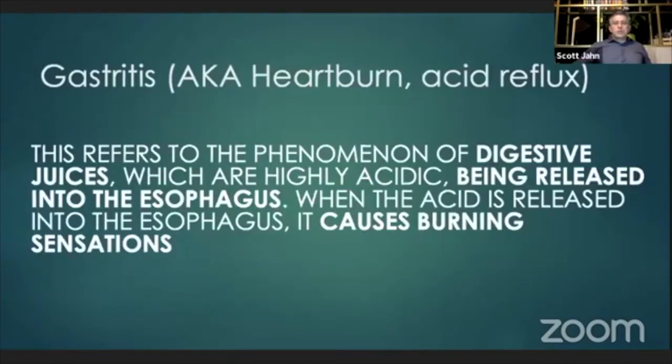So we're going to start with gastritis, heartburn, acid reflux, pretty much the same thing. It's a phenomenon of digestive juices, mainly hydrochloric acid, but we'll also see that there are some other things as well, which start to back up into the esophagus and cause a burning sensation.